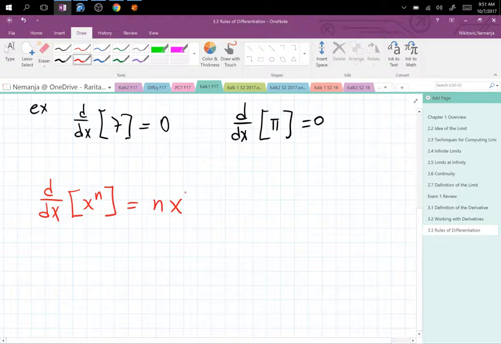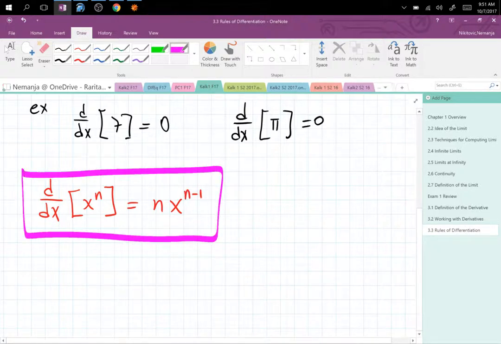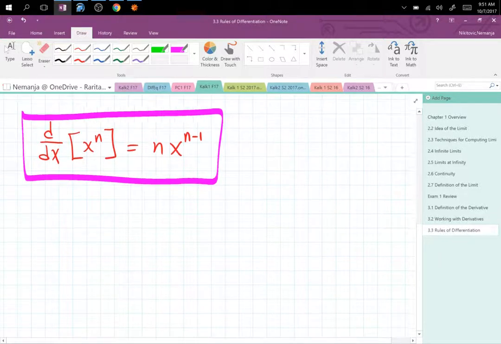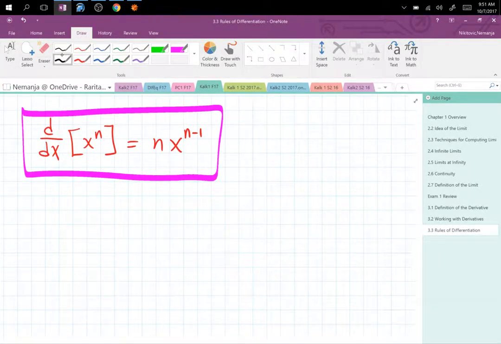The next one is the derivative of anything polynomial-like, x to some exponent n, is going to be n x to the n minus 1. Well, this covers a wide variety of problems.